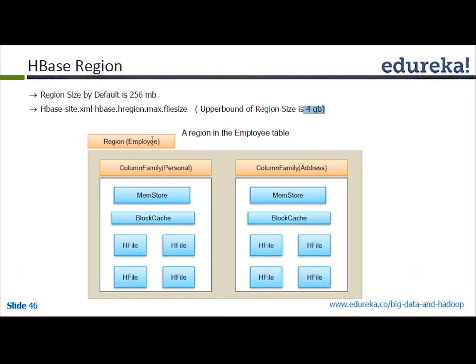If you have an employee region, like what I showed you, with a personal column family and a professional or address column family, it will be stored as 2 separate files in HDFS. There would be a MemStore, a cache, and then everything in the form of HFile, all persisted in your HDFS. So a region would be broken up into multiple column families, and there would be a MemStore at every level, guys.